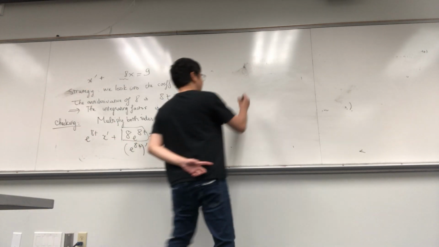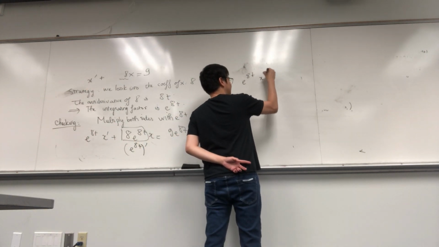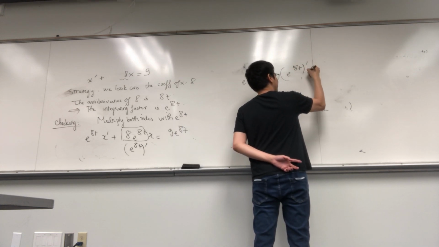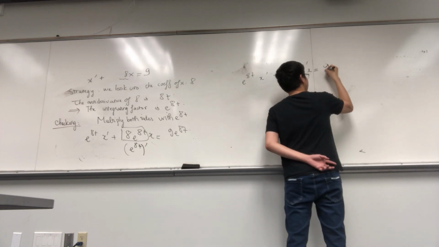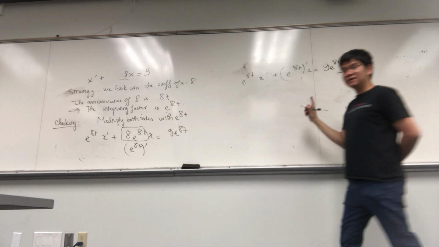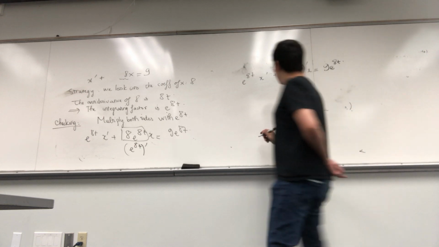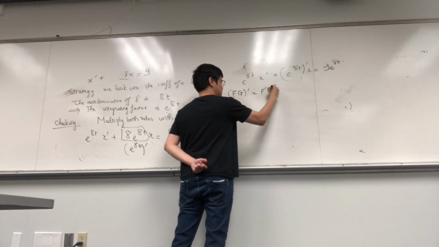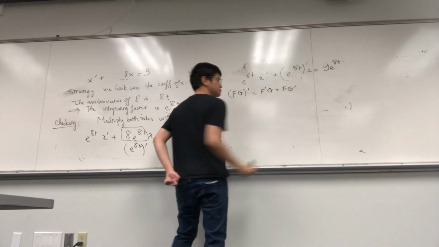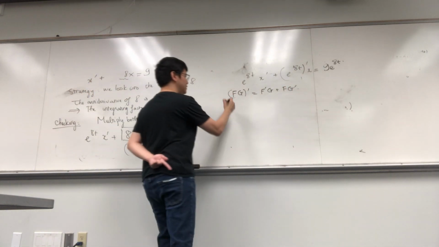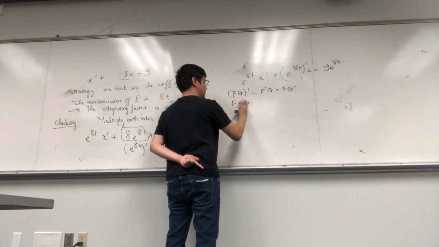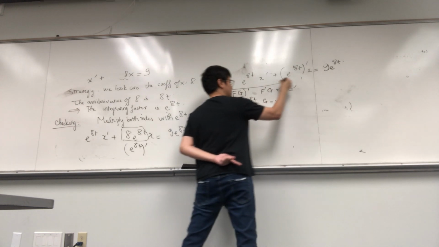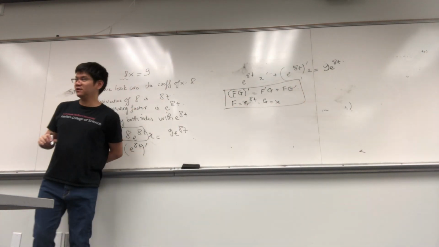So what you have is e^(8t) x prime plus (e^(8t)) prime x, and this is equal to 9 e^(8t), right? This is the product rule: (fg) prime is f prime g plus f g prime. In this case, f will be e^(8t) and g will be x. Right. So this is the product rule.